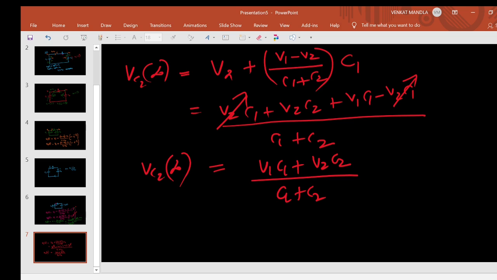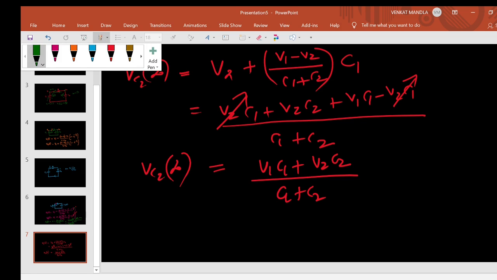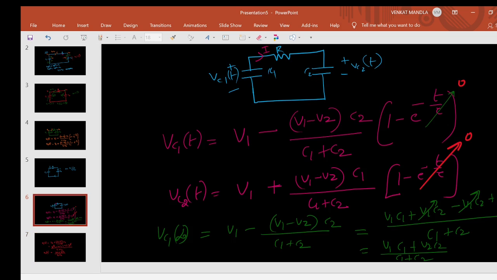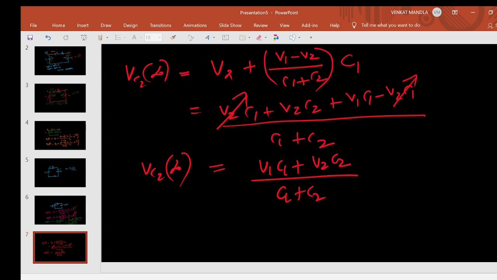So here we can observe both Vc1 infinity equals V1 C1 plus V2 C2 by C1 plus C2, and Vc2 infinity is also V1 C1 plus V2 C2 by C1 plus C2. That is, at steady state, the voltages Vc2 infinity and Vc1 infinity are equal.